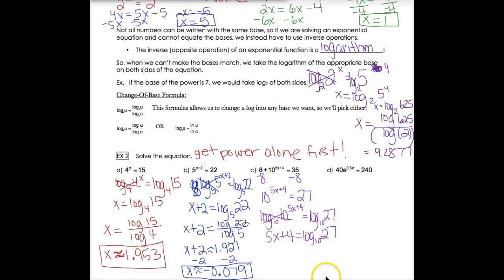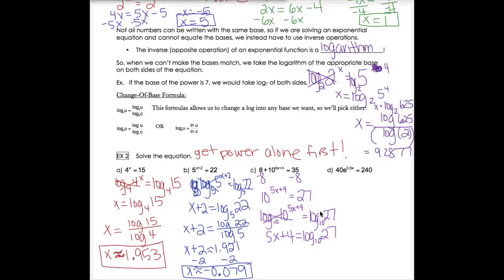Now, if when you did this on your own, you did the change of base formula, that's okay, but you did too much. And I want to stop you from doing too much. Remember that log base 10 is the common log. This one doesn't need the change of base. You can just press in log 27, and that is the answer.